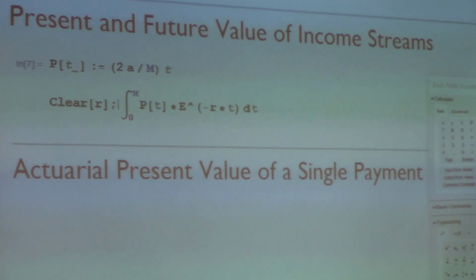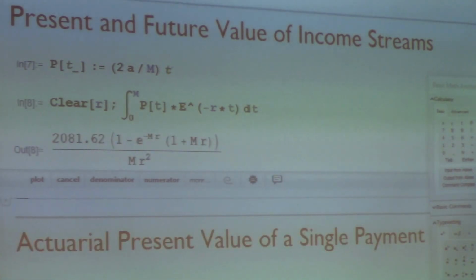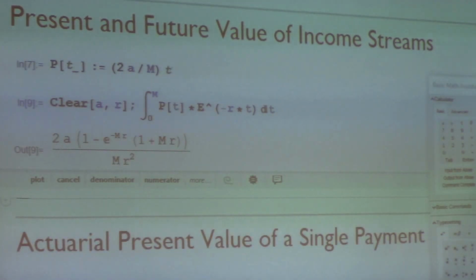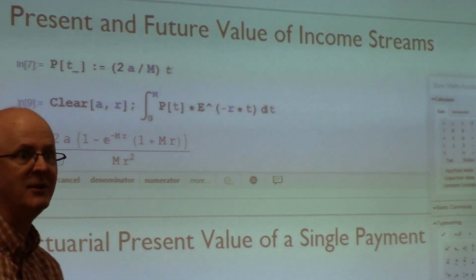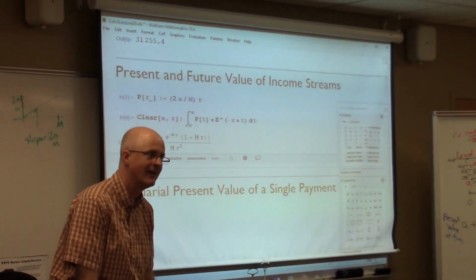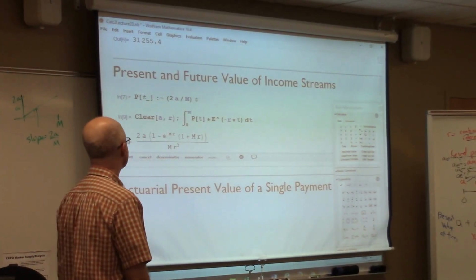This should give us a formula involving r and m and a. I guess we didn't clear a either though. Clear a. Okay. Could that integral be done by hand? Yes. Could I do it without making a mistake? Evidently not today I couldn't. Okay, I'm just making lots of mistakes.